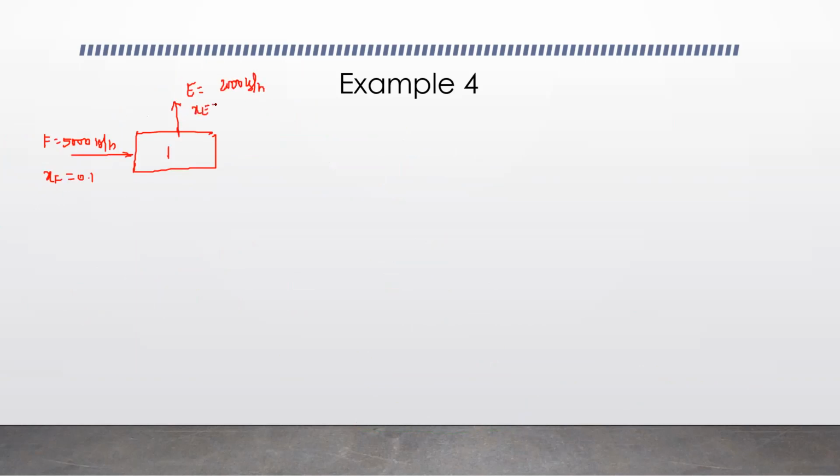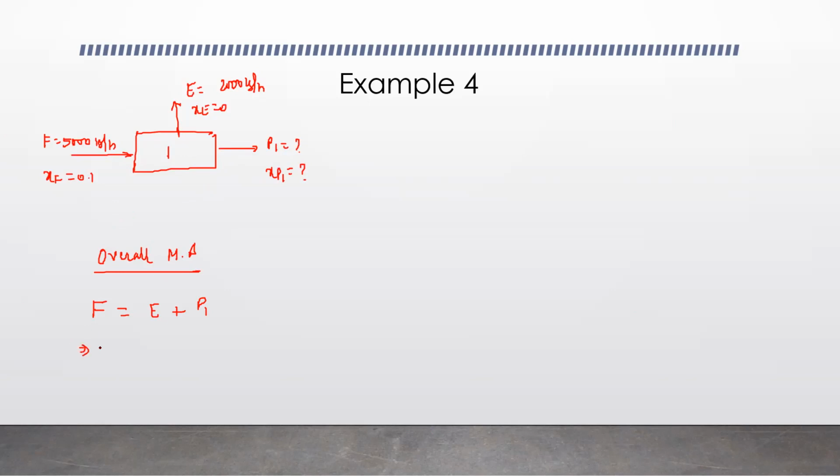And we have XE, which is equal to 0. Out of this, we have P1, which we don't know, and we have even XP1, which we don't know. All right. So the first equation that we are going to make is for overall material balance. So that is input is equal to output, right?